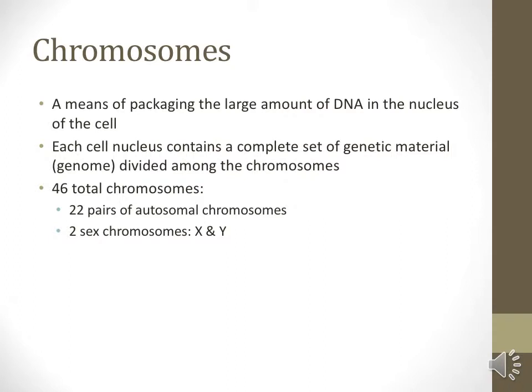In humans, as I said here, you've got 22 pairs of autosomal chromosomes, and that's pairs, right? So one set of the pair is coming from the father, one set is coming from the mother. And then along with these, a male would have an X and a Y, a female would have 2 X chromosomes.